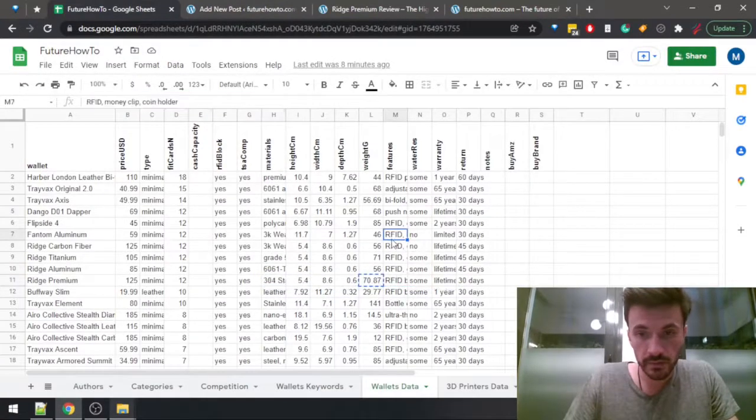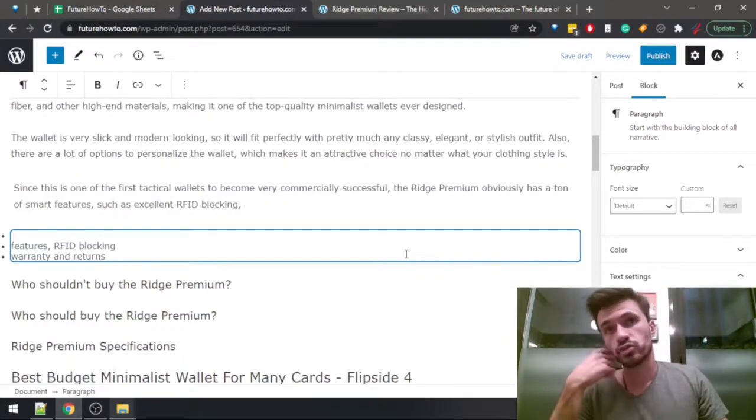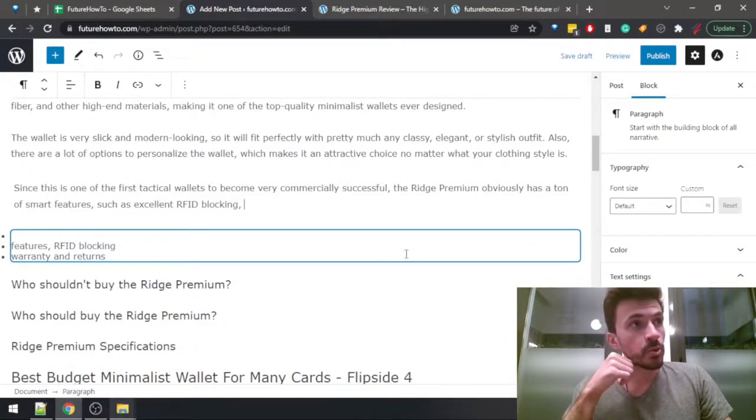What do we have here? Money clip and replaceable elastic. Now I think this is a choice. You can choose between the money clip or the elastic.